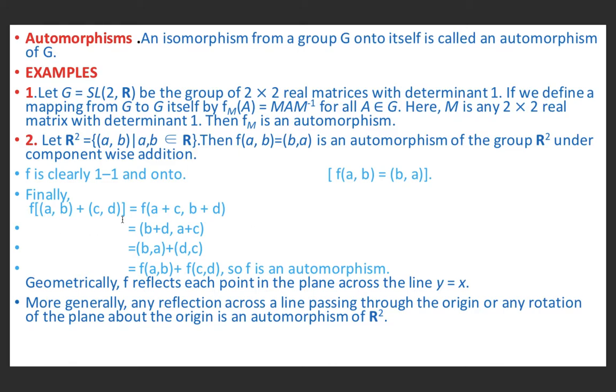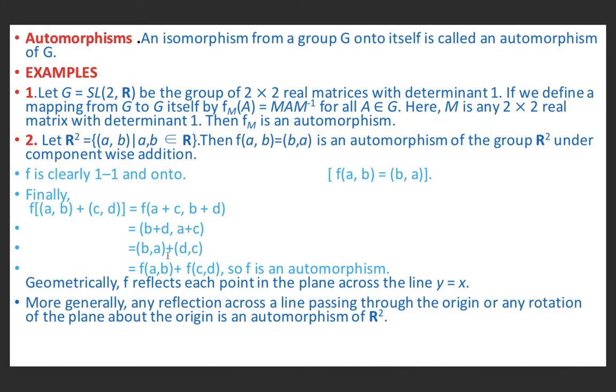So f((a,b)+(c,d)) is equal to f(a+c, b+d). And by definition, f of (a,b) is nothing but (b,a), because we are reversing the elements. So it will be equal to (b+d, a+c). And this can be written as (b,a) plus (d,c) by component-wise addition.